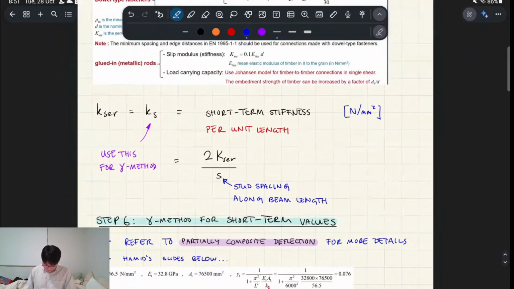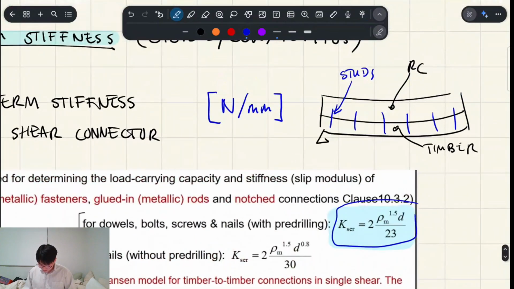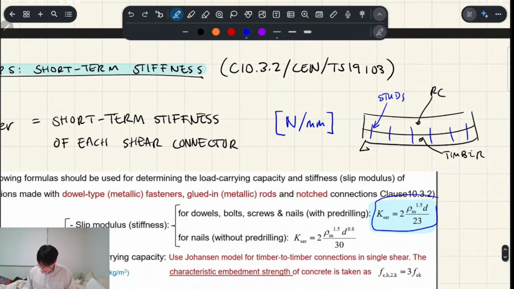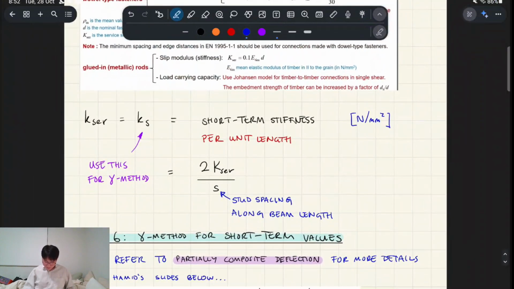Okay. But if we want to find the average connector stiffness along the entire beam, right? We have to use this formula. And this value of your short-term stiffness per unit length along that beam is the input for the gamma method.